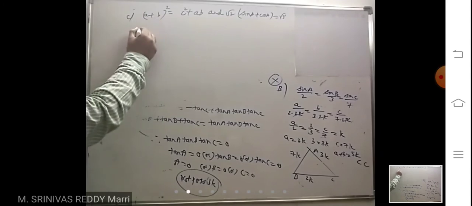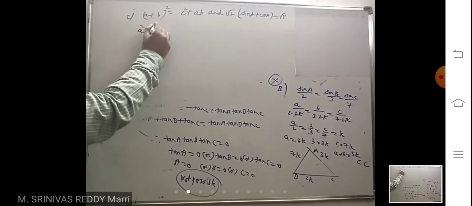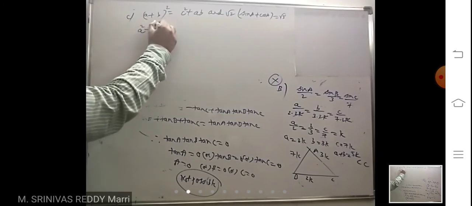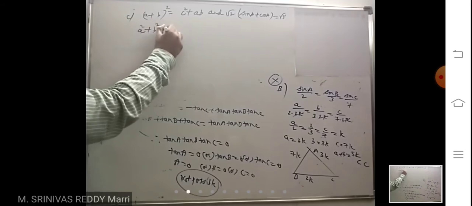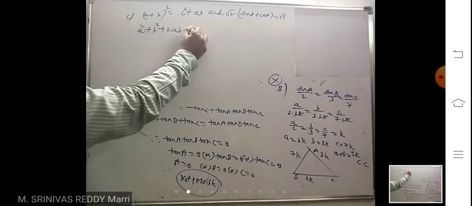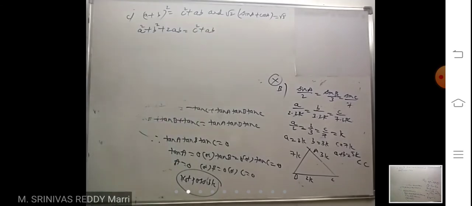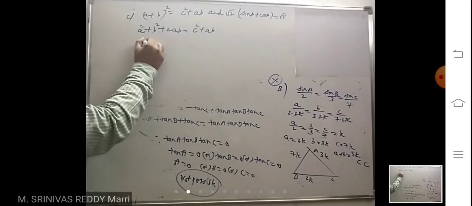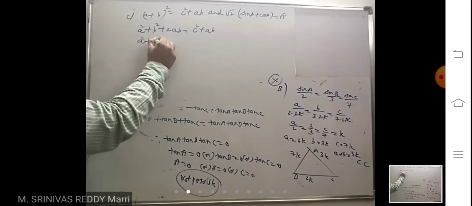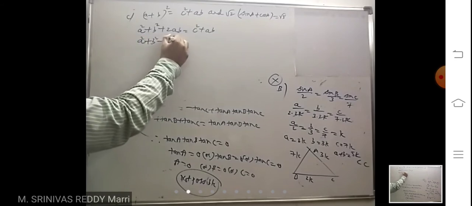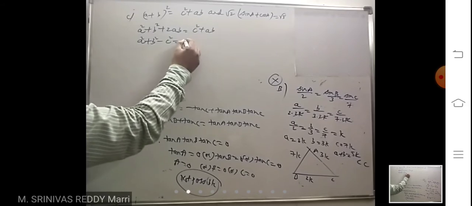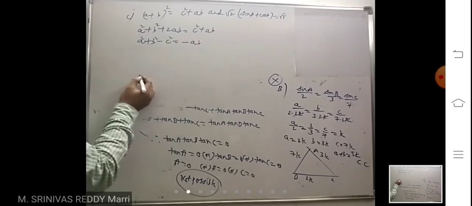Now if you look here, a² + b² + 2ab = c² + ab. So bring c² to this side: a² + b² − c² = −ab. Right, this you got.